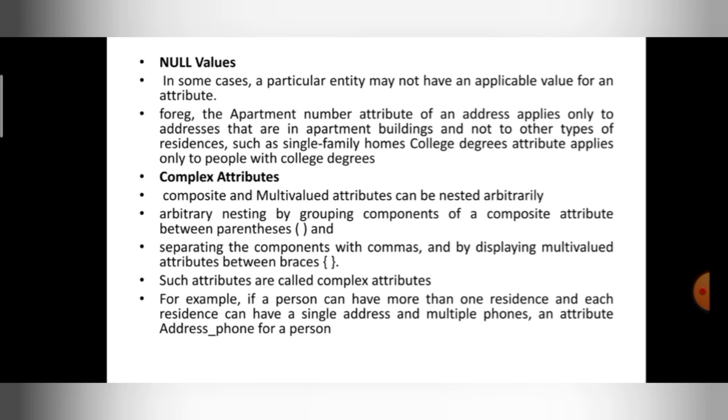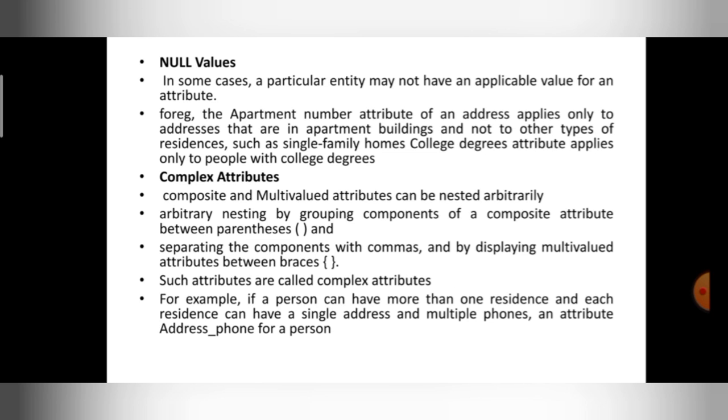The college degree attribute applies only to people who have college degrees. If a person doesn't have any college degree, the college degree value will be empty. That is null. Hope you are understanding. So some attribute values can be null, because it doesn't apply. We discussed apartment number and college degrees.